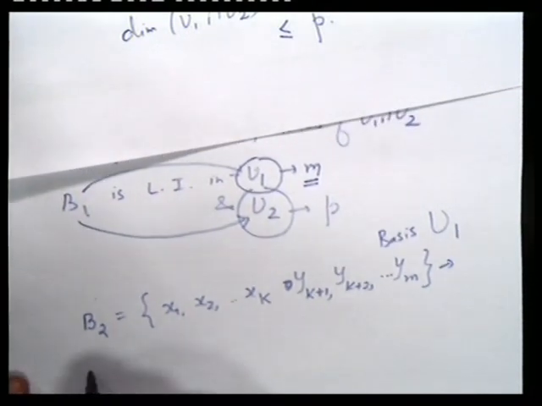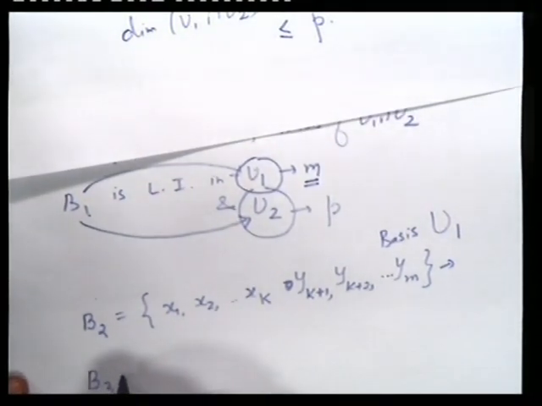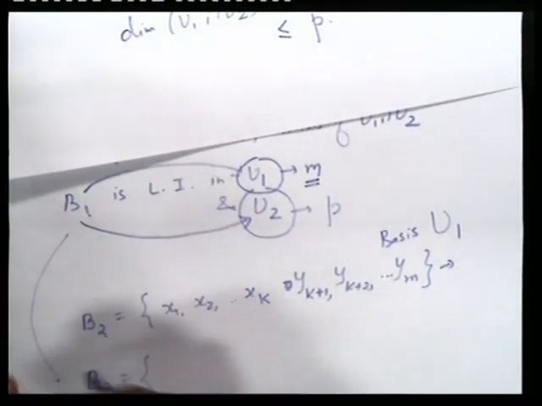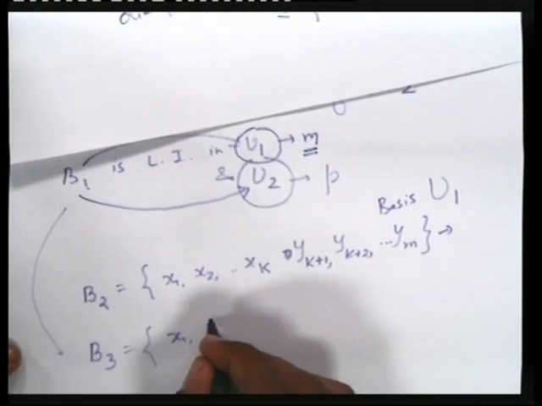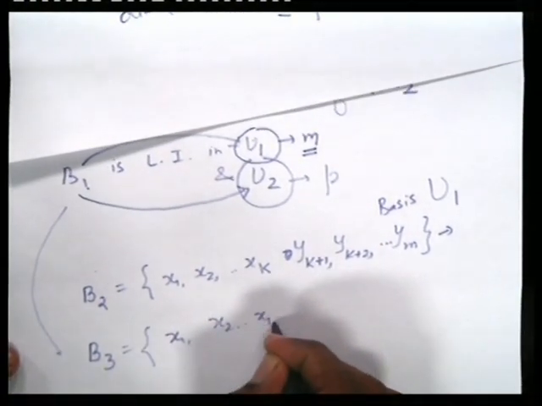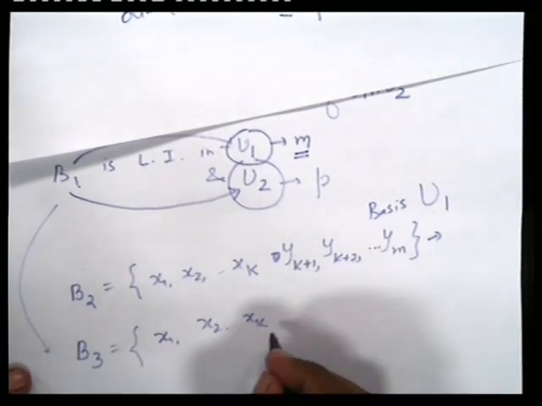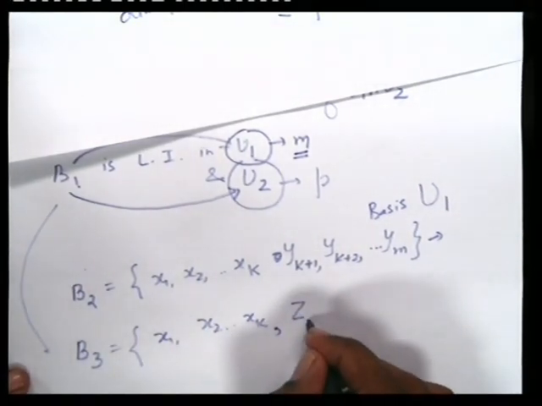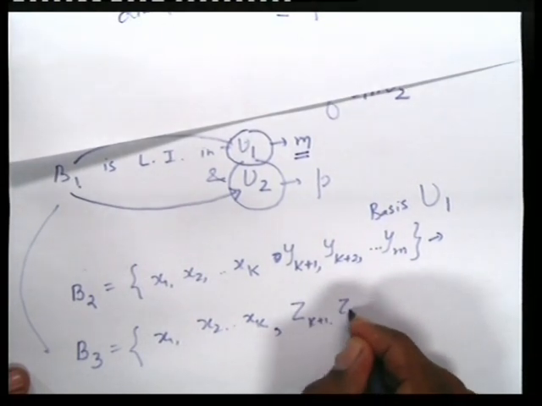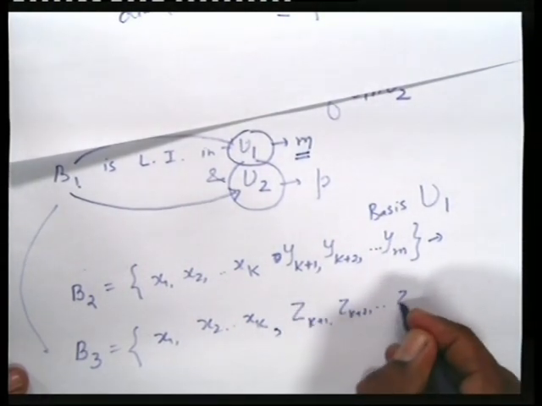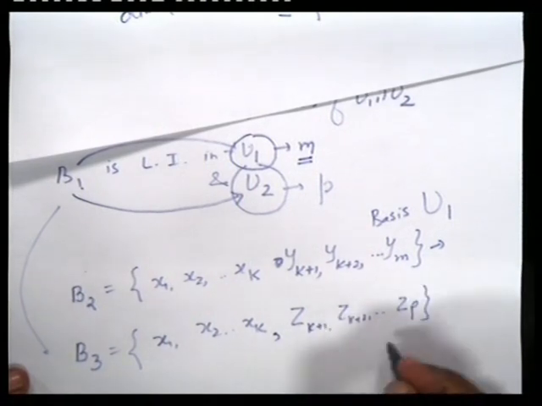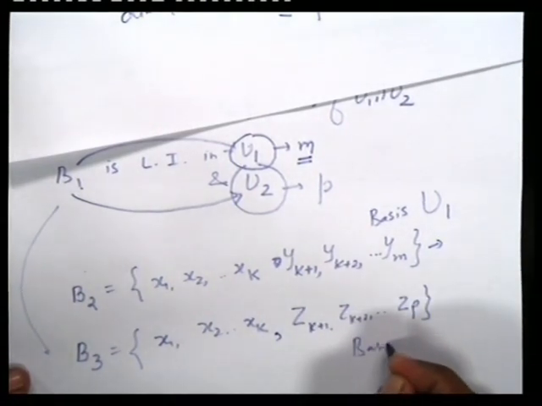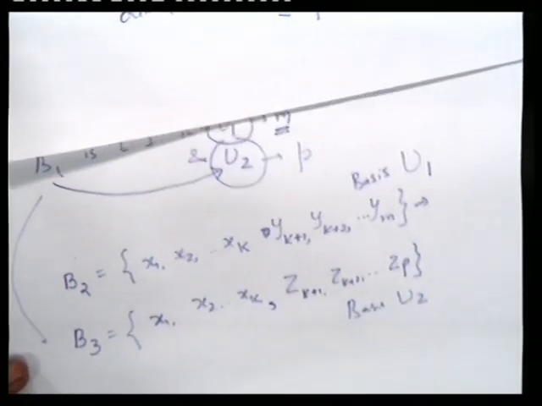In the same way, we can expand B1 with the common vectors x1, x2, up to xk, adding zk plus 1, zk plus 2 up to zp so that this is a basis for U2.